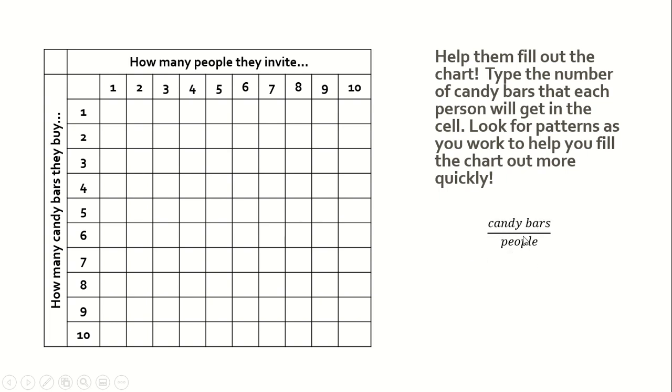The top number, the numerator of the fraction, is going to be the candy bars, and the denominator is going to be how many people were invited. You can think about this as you have a certain number of candy bars, and they're divided by how many people are there. Depending on how many people are invited to the party, that will affect how many candy bars each person gets. So let me show you what I mean.